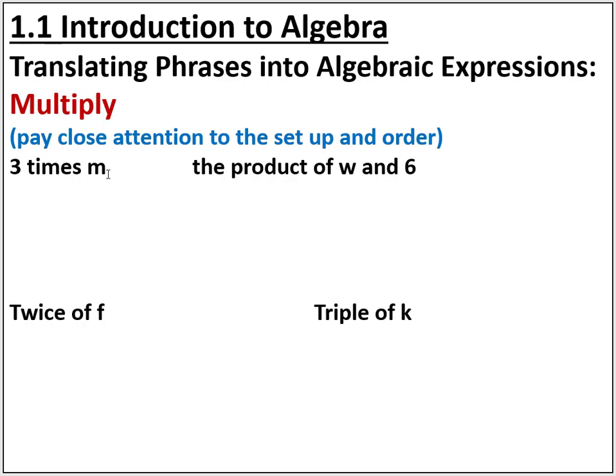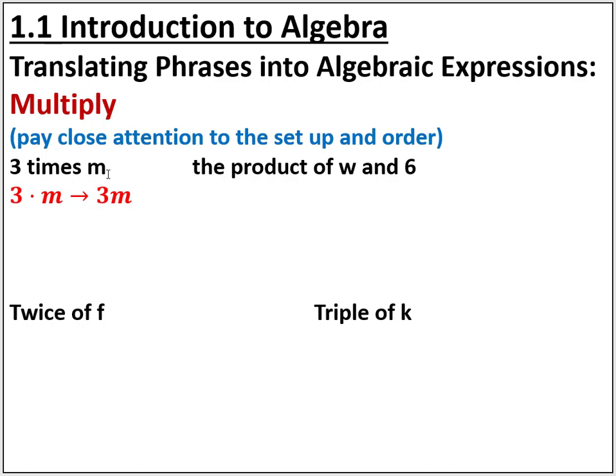So when it says 3 times m, it's going to look like this, 3 with a dot in the middle and m. So that means 3 times m. However, we don't usually leave it like that. When you see something like that, we're simply going to write it as 3m.